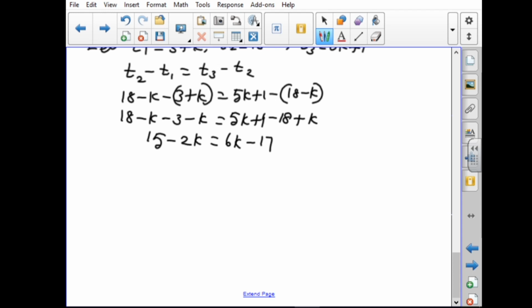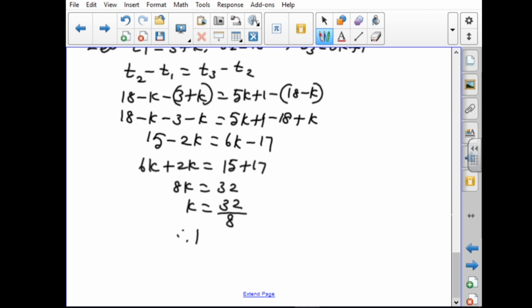So we have to bring k to one side and numbers to one side. Here 6k is already positive, so we bring the minus 2k to that side. So 6k plus 2k equal to 15 plus 17. So 8k equal to 32, k equal to 32 by 8. Therefore k equal to 4.